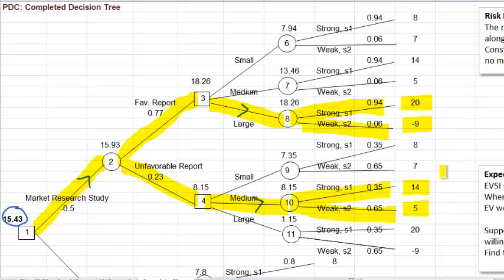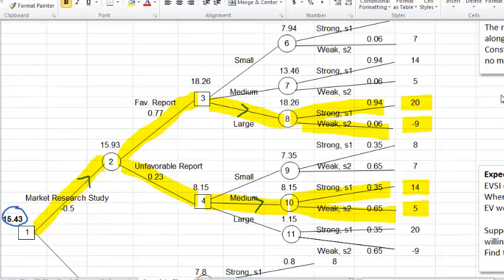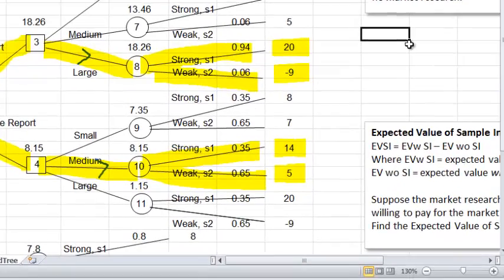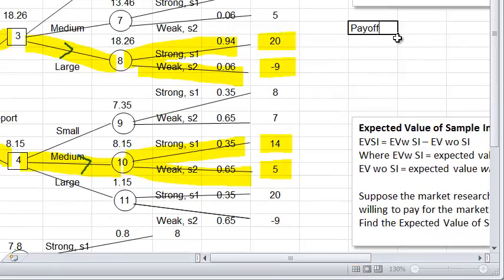Now let's list them in a table in increasing order. So we're going to build a table here: payoffs and the probabilities. So it's -9, 5, just going in order, 14, and 20.